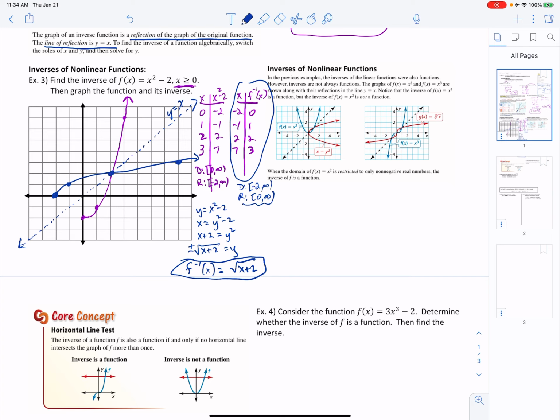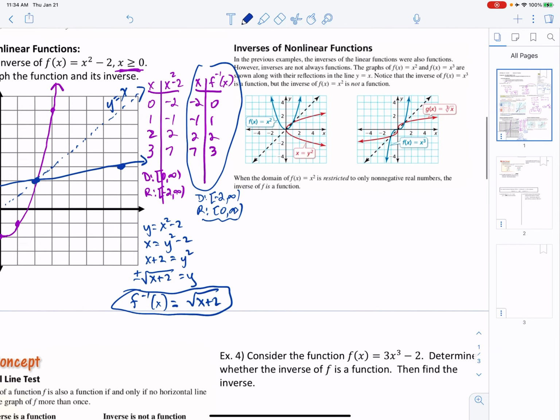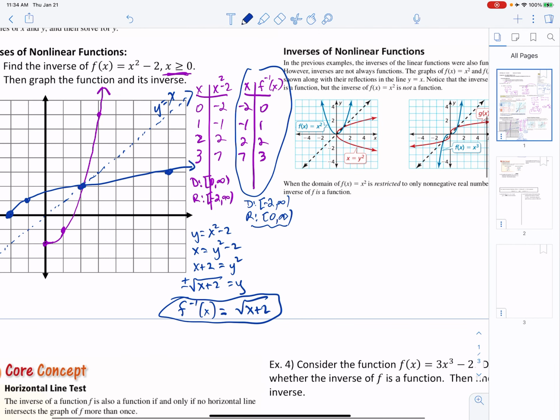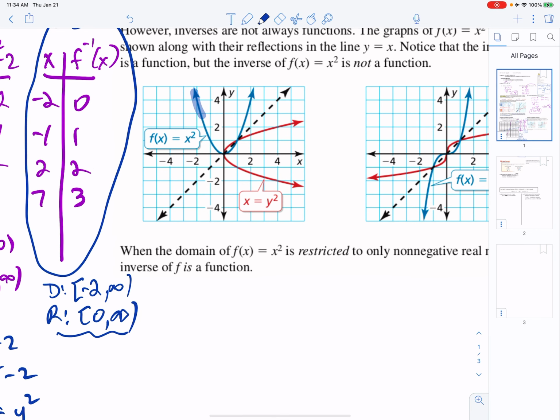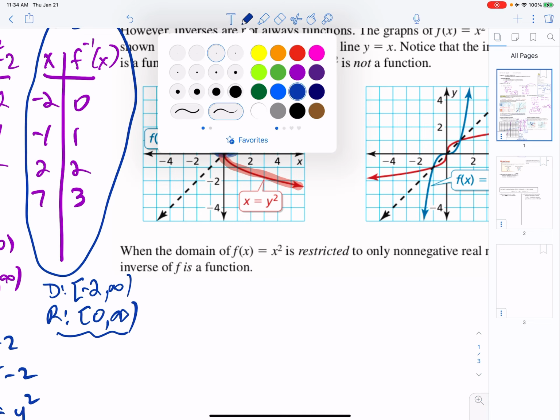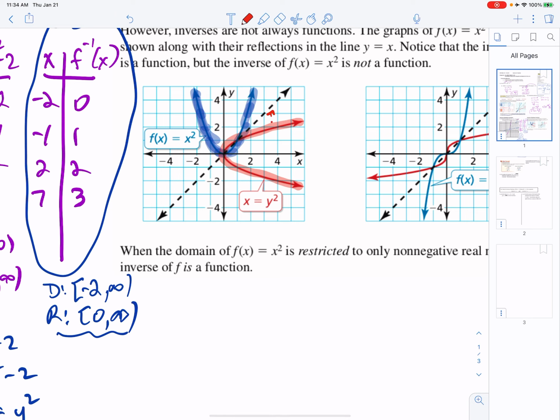All right, some other things about inverses of nonlinear functions. The reason why we restricted the domain in example 3 is that if I don't, and I look at this x squared, and I actually graph its inverse, it looks like this, and the inverse fails the vertical line test.